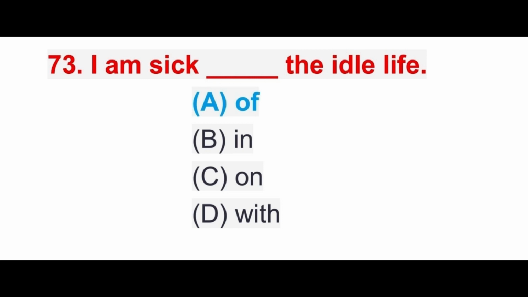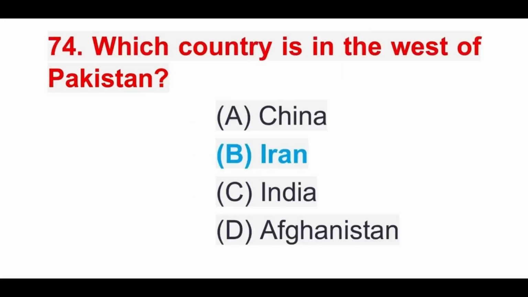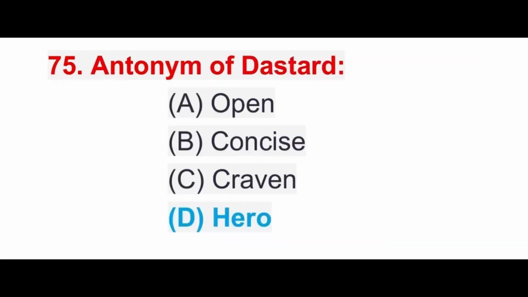Question number 73. I am sick underscore the idle life. That answer is of. Question number 74. Which country is in the west of Pakistan? That answer is Iran. Question number 75. Antonym of dastard. That answer is hero.